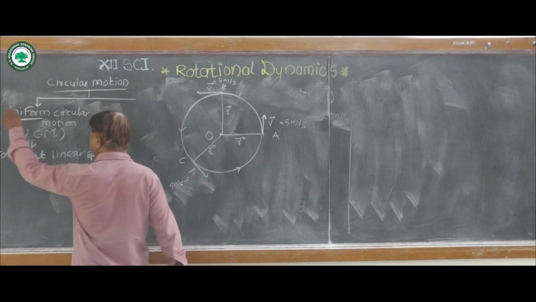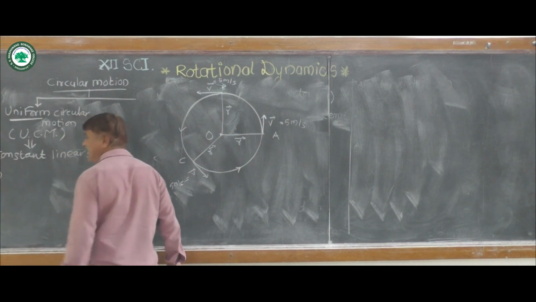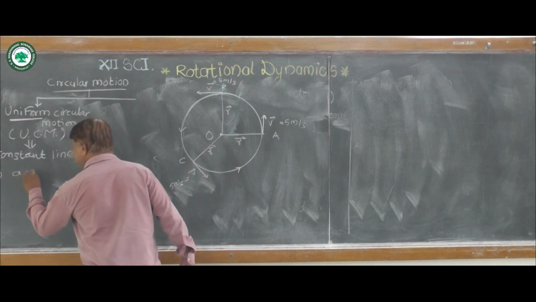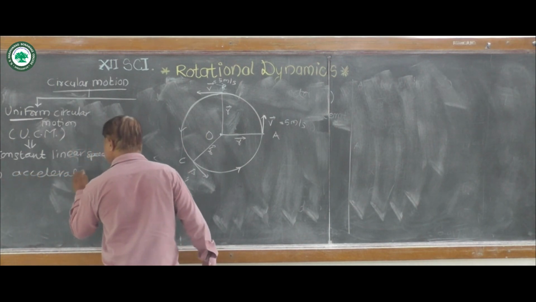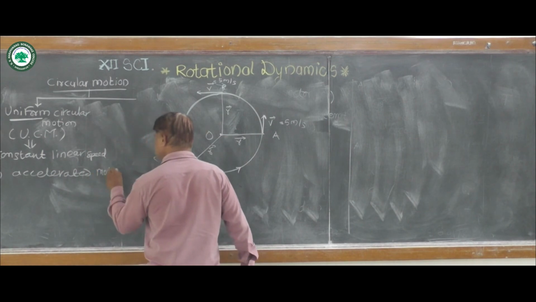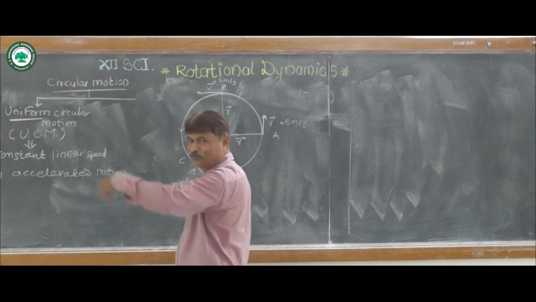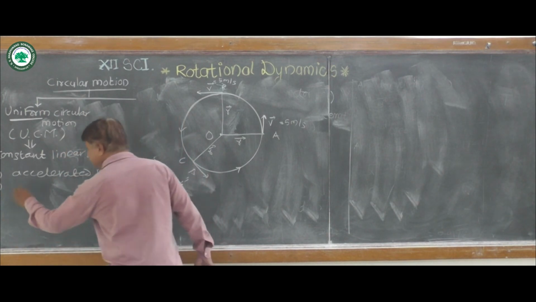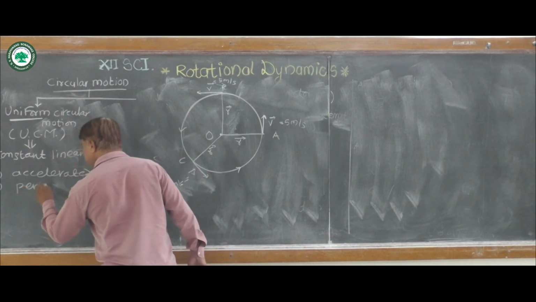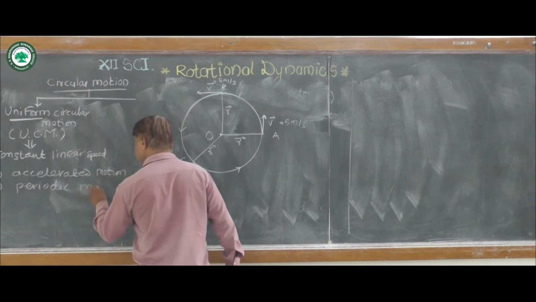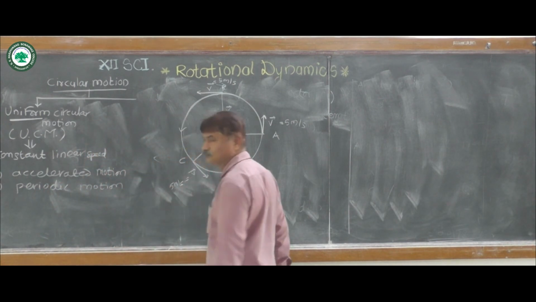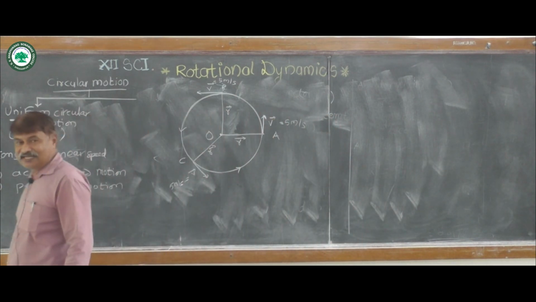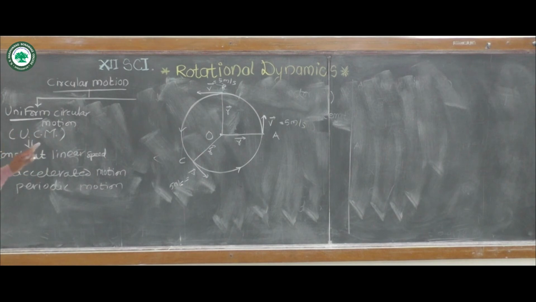So the characteristics of uniform circular motion are as follows: it is accelerated motion, and the motion repeats in equal intervals of time. Therefore the next characteristic of uniform circular motion is that it is periodic motion. In this way, we characterize the uniform circular motion.